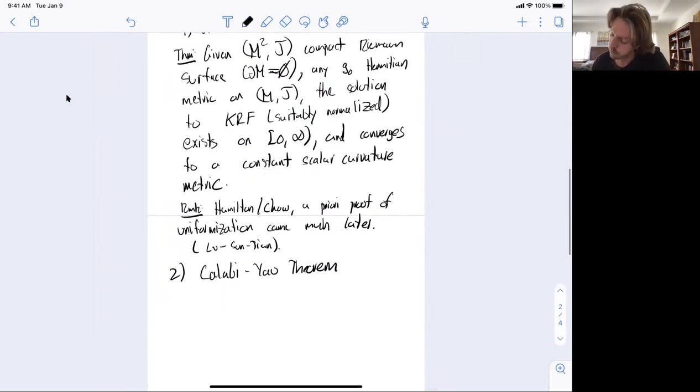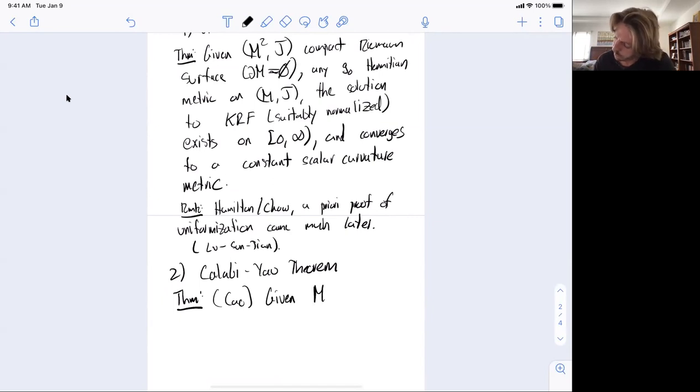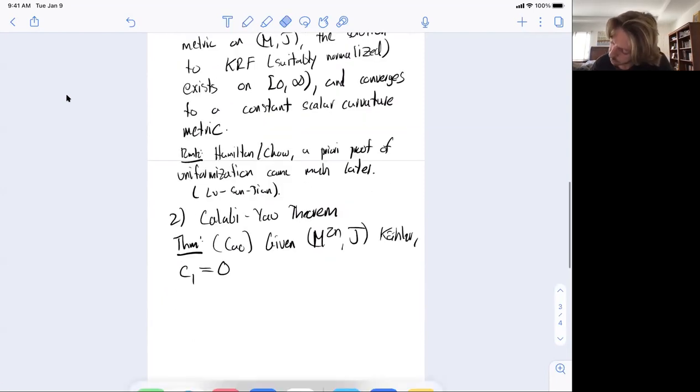Let me state it as a Kähler-Ricci flow theorem. This is due to Cao. You're given M²ⁿ, J, a Kähler manifold, with c_1 equal to 0.